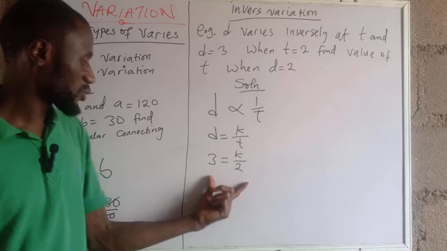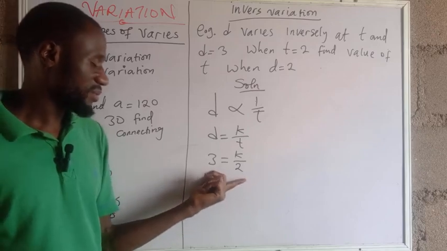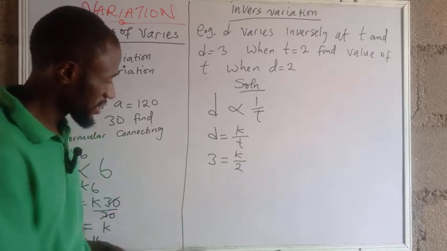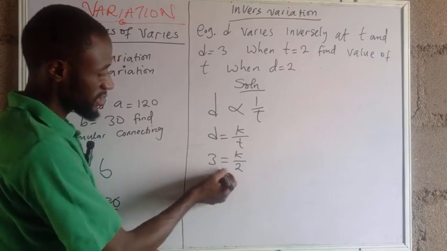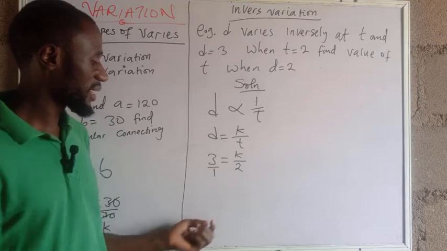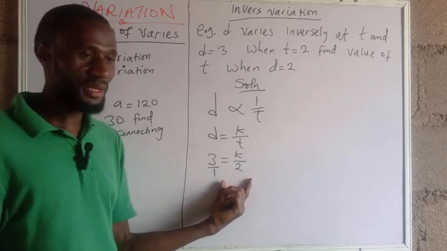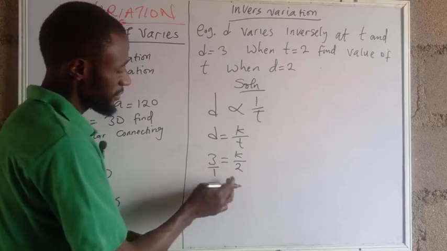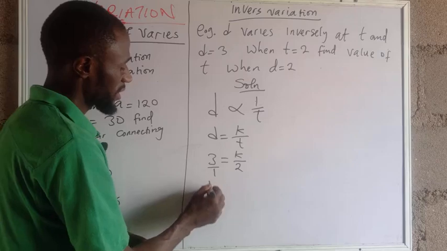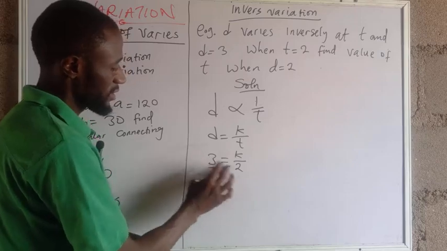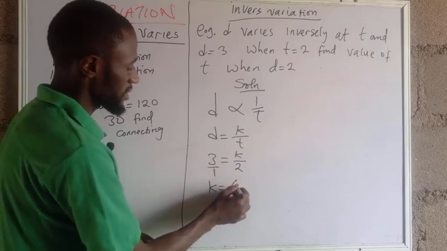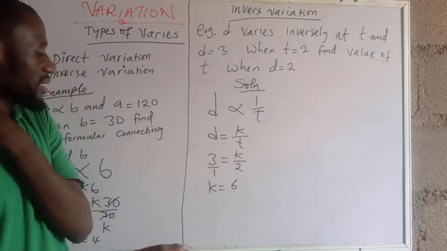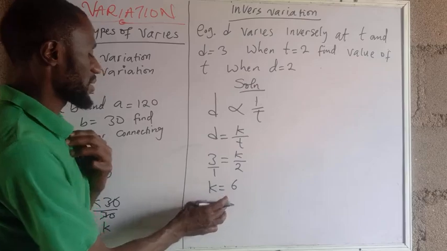Now we have a fraction. How can we solve the fraction? We can cross multiply. Anytime we have fractions separated by an equality sign, we can cross multiply. Therefore K times 1 is K, and 3 times 2 is 6. That is, the value of K here is 6.